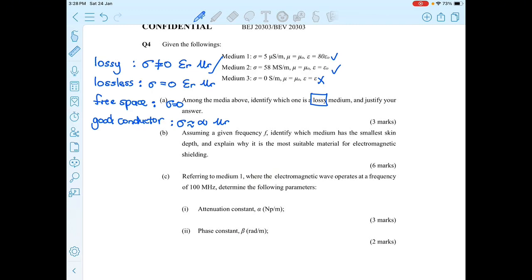One has a very huge, very big conductivity, so this is possibly a conductor. So medium 1 will be your lossy medium.